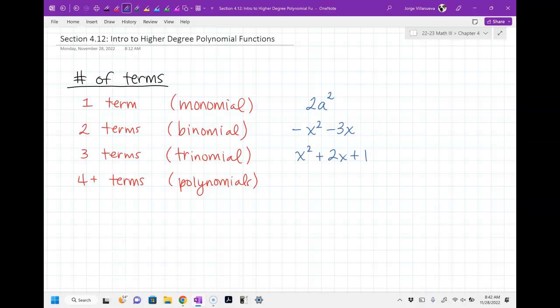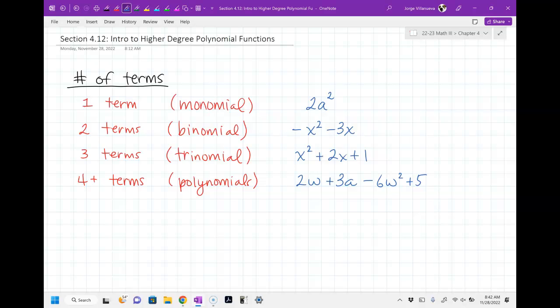There's a trinomial. And a polynomial just needs four or more things, right? So you can create your own, but 2w plus 3a minus 6w squared plus 5. That's four terms. So that's more than three. So anything more than three is going to be called a polynomial.